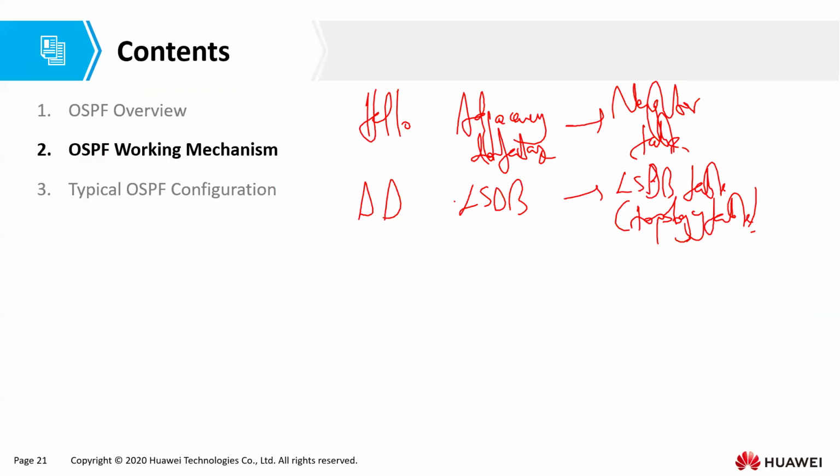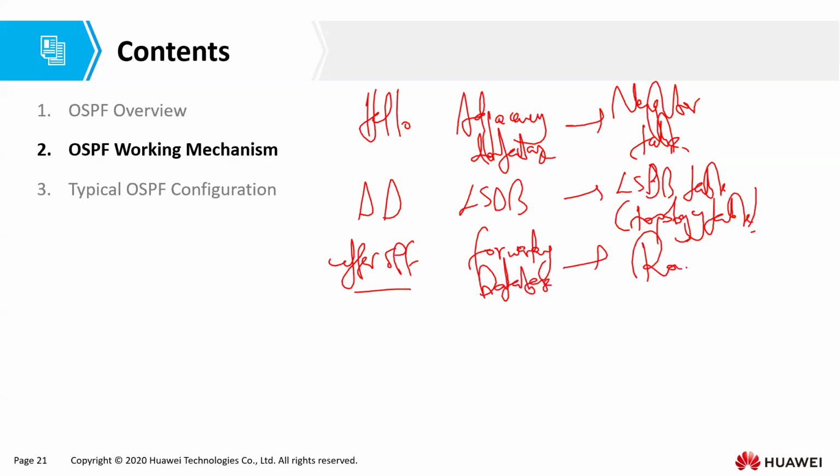Then after my LSDBs have been fully synchronized, after SPF this time, no packets are exchanged here. It's just SPF algorithm calculation. We now have the forwarding database, which will give us the routing table.